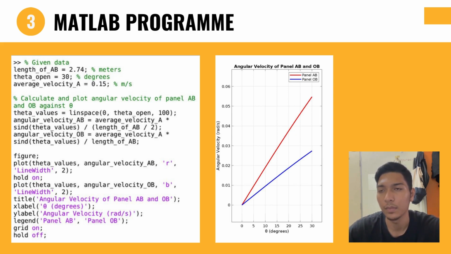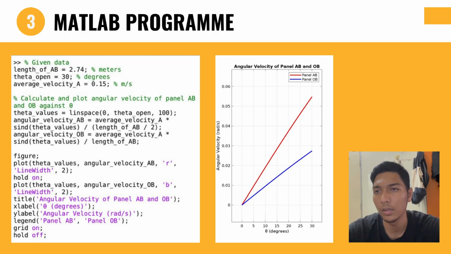millimeter per second. And then we calculate and plot the angular velocity of panel AB and OB against theta. So that is the title for our programming. And then next for the theta values, our coding we write as linspace 0, theta open, 100.